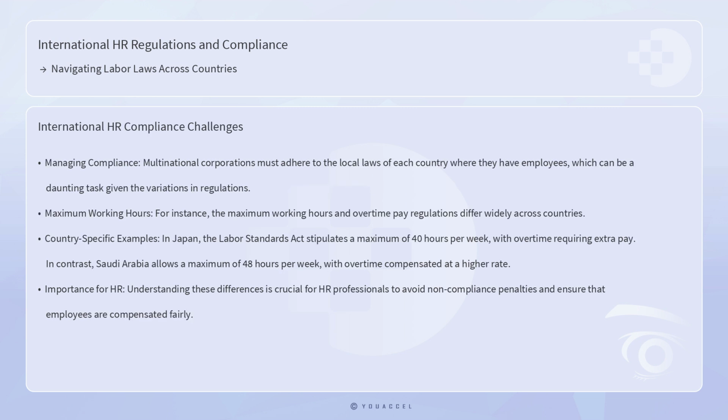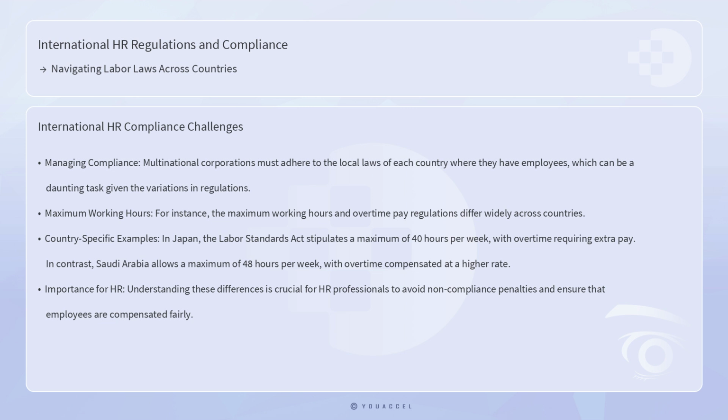One of the significant challenges in international HR is managing compliance with labor laws when operating in multiple countries. Multinational corporations must adhere to the local laws of each country where they have employees, which can be a daunting task given the variations in regulations. For instance, the maximum working hours and overtime pay regulations differ widely across countries.